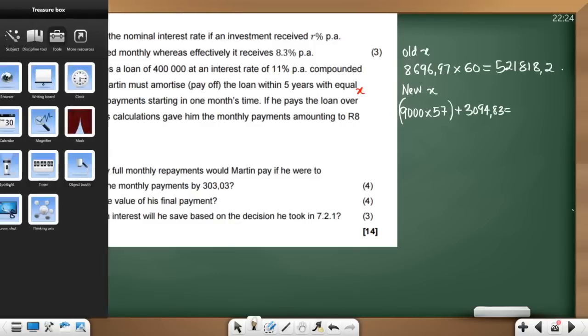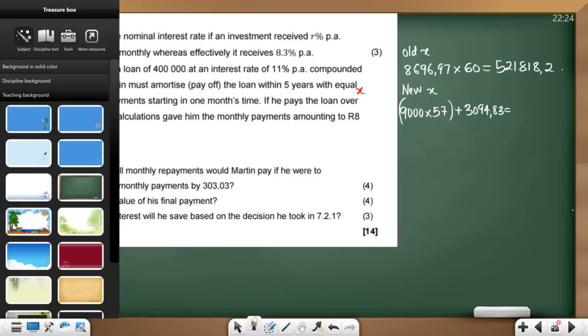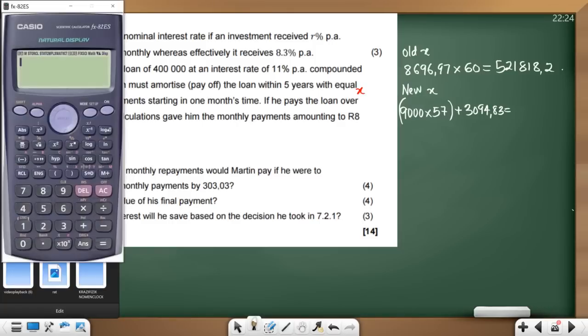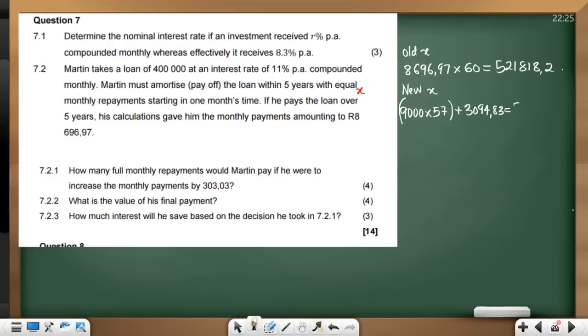This is the money that he paid from his own purse. He paid 9,000 57 times, and then he added 3094.83. So in total, from his own purse, he paid 516,094.83.